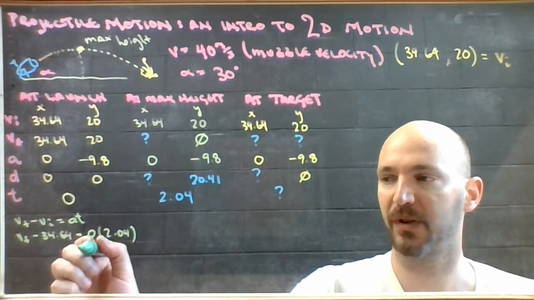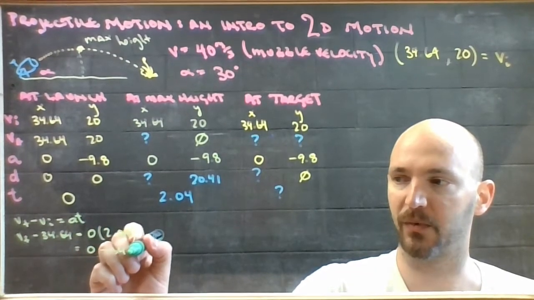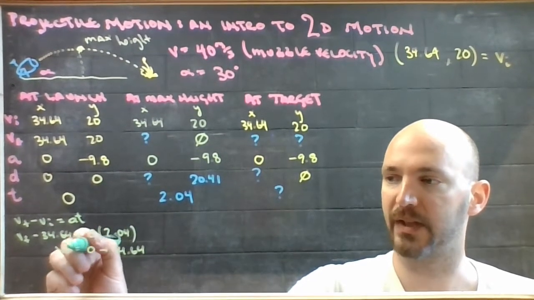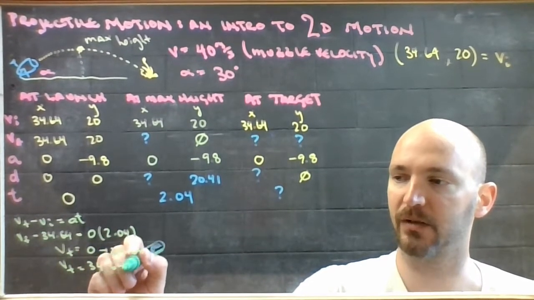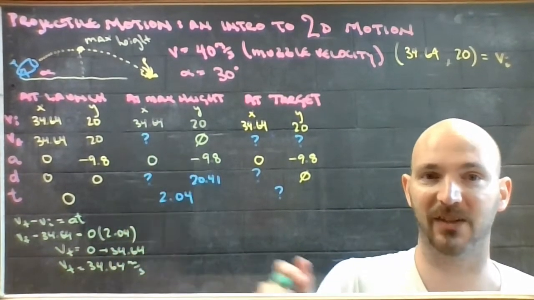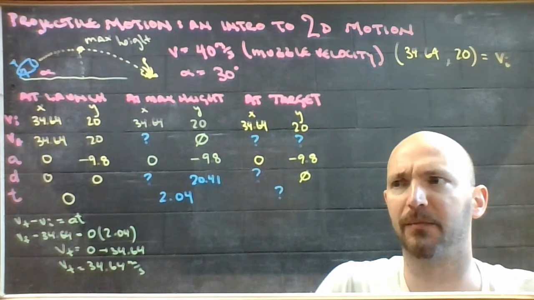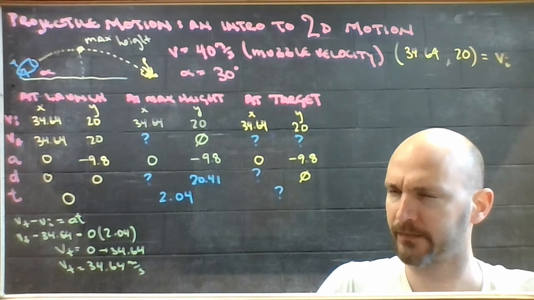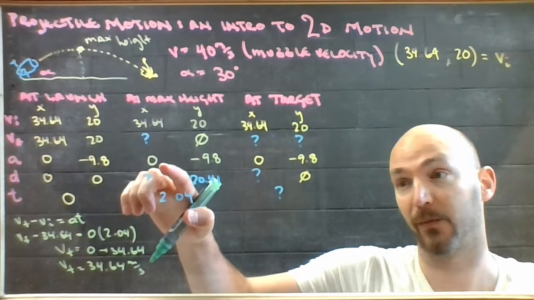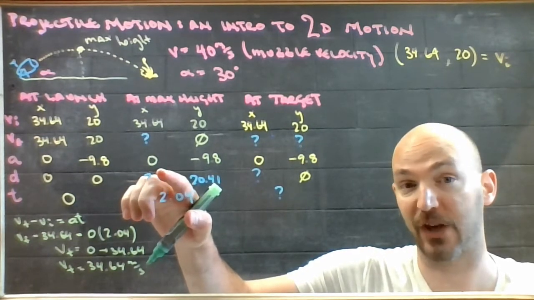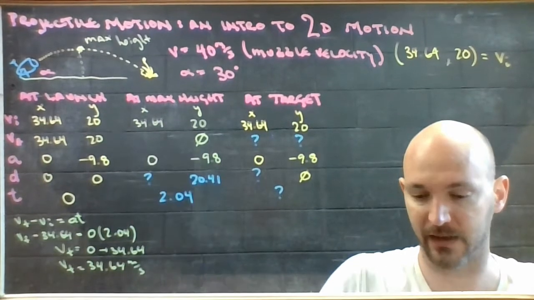0 times 2.04 is 0. Kick this over, plus 34.64 is VF. So VF is 34.64 meters per second, which happens to match this. And maybe you're feeling a little sheepish at this point, because that's obvious. If there's no acceleration, right? If that means that the speed isn't changing, then the speed at the beginning should match the speed at the end.